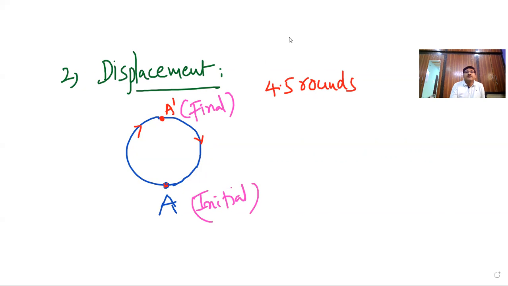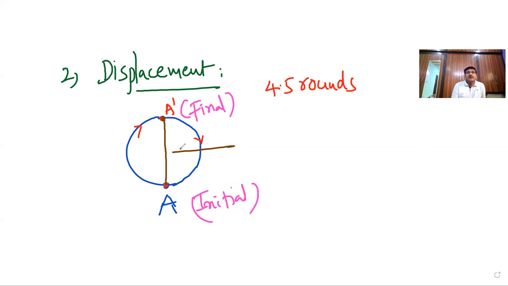Now, what is the displacement definition? Displacement definition is length of the straight line joining the initial to final point. So initial to the final point, this is the diameter.